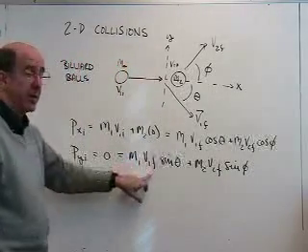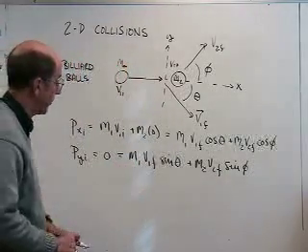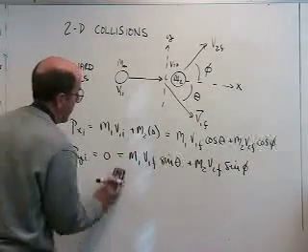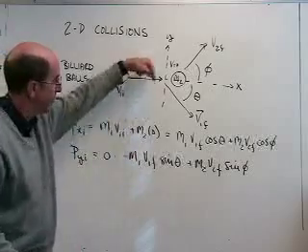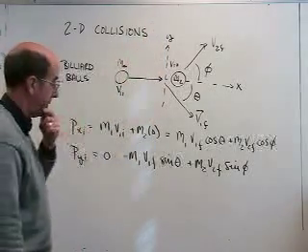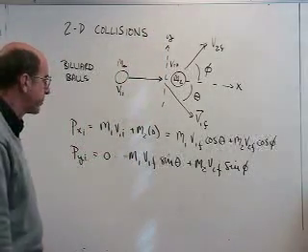I always like to keep my velocities as constant numbers, so I'm going to put a minus sign in front of here to emphasize that this is going in the opposite direction from that one. That should all come out in the wash.